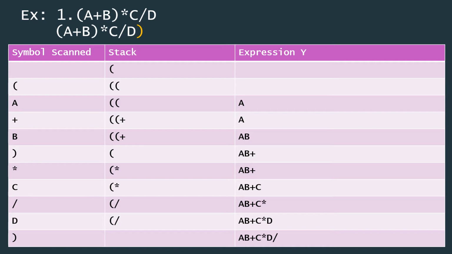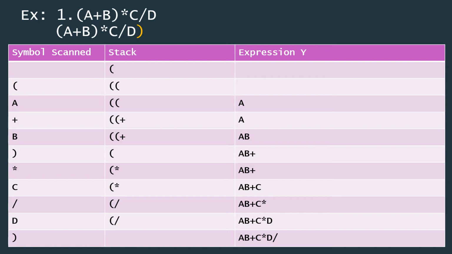Division is an operator which will come to the stack, but in the stack the multiplication operator is already there, and multiplication and division both have the same priority. So the division operator cannot stay directly. The existing multiplication operator will be popped and added to the expression Y, and the division operator will be pushed into the stack.